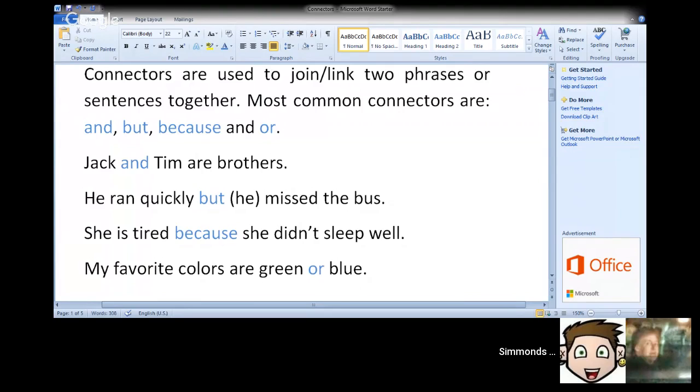And so what connectors do is not add emphasis, but I would say add interest. And so that makes you sound more native. It sounds more natural, and so that's why connectors are helpful. Then the last one, my favorite colors are green or blue. You can choose. You have a choice, I suppose you could say.